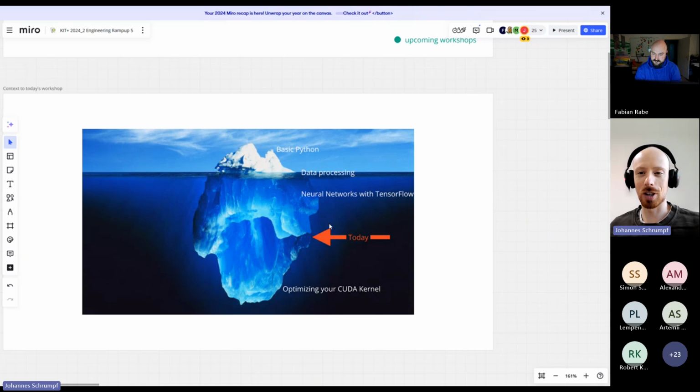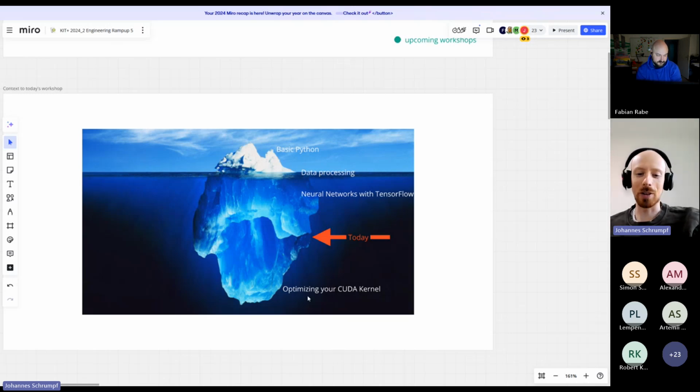This is very much not the intention, but this is very much accepted in today's session, because the topic just is inherently a little bit more complex compared to building basic Python functions, for example. But nevertheless, this shouldn't deter us from still wanting to learn and taking away the things that we would like to learn today. And maybe for some of you, this is actually not that complex, and you can just take this away and immediately utilize this in one of your projects.